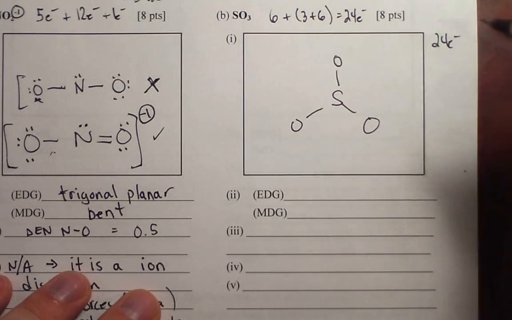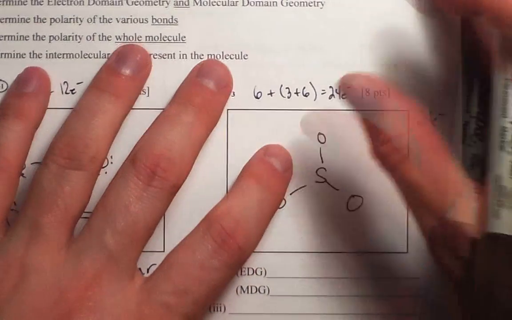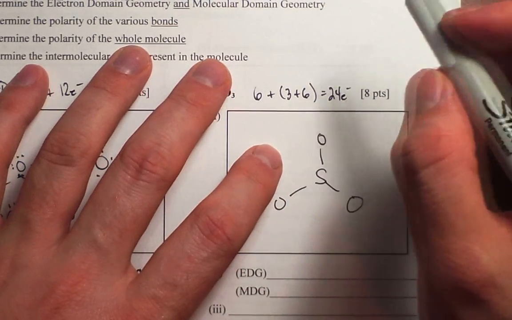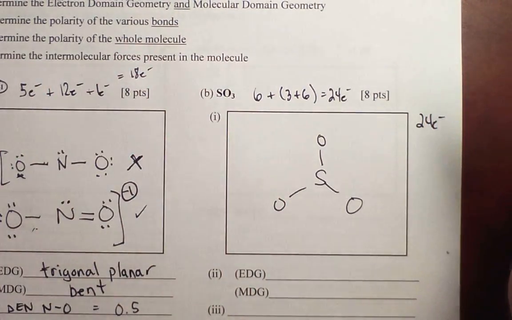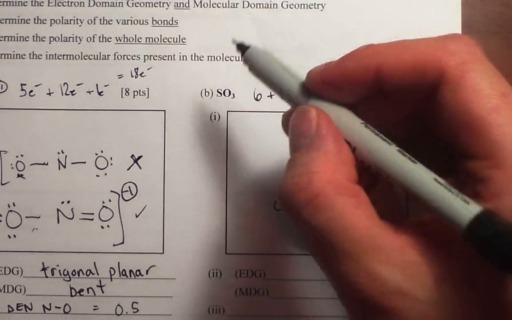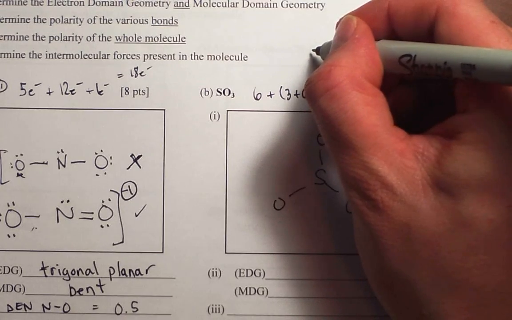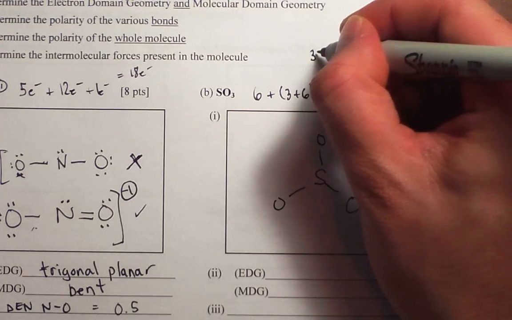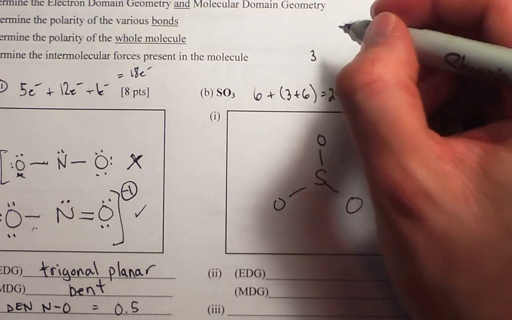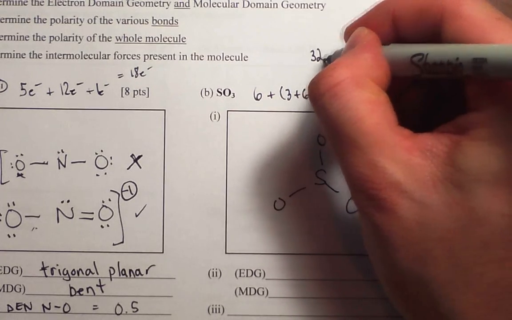Now, we've been doing something within our class where we simply did the number of electrons that are needed, and we looked at the number of electrons that we want. So every atom in here wants 8. So we know that we have 4 atoms times 8, which is going to be 32 electrons.